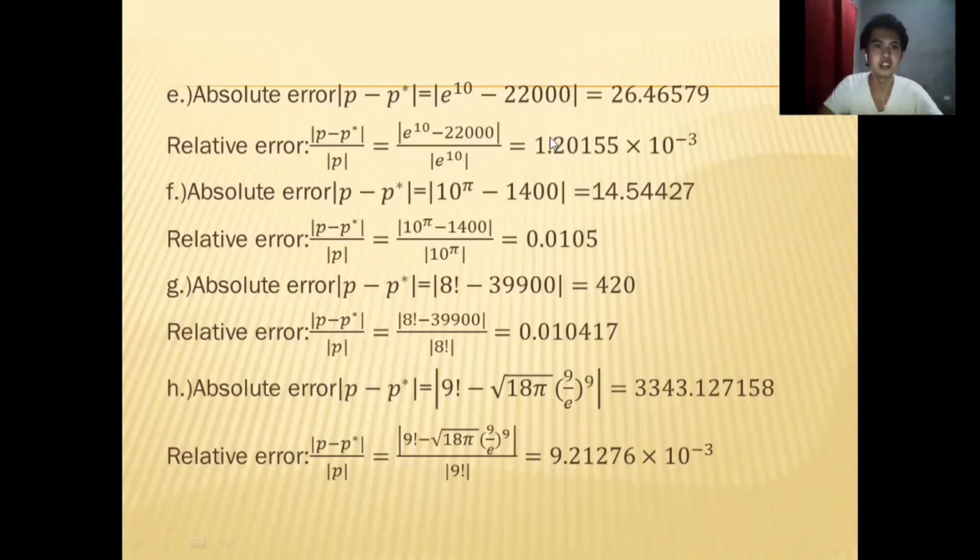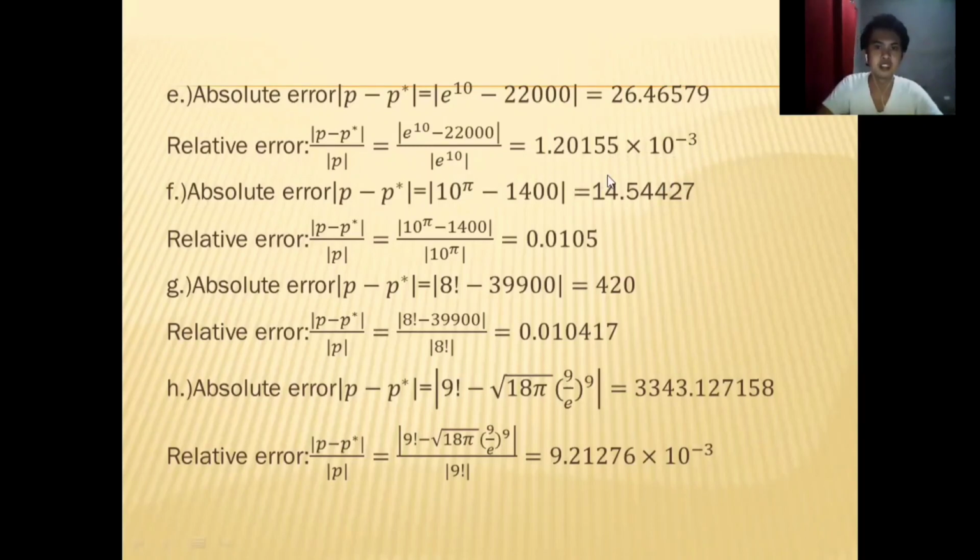And in relative error, absolute value of e raised to 10 minus 22,000 over absolute value of e raised to 10. So using a calculator, we get 1.20155 times 10 raised to negative 3.